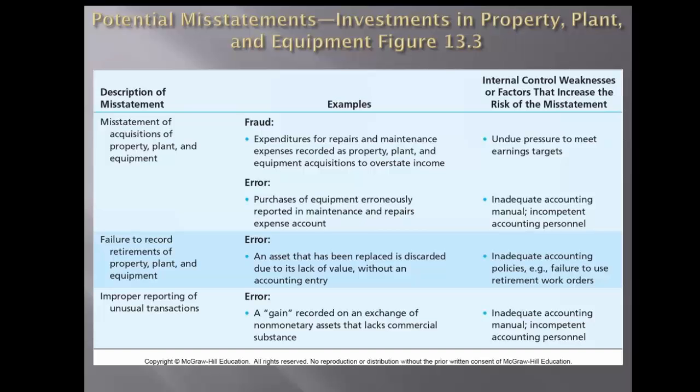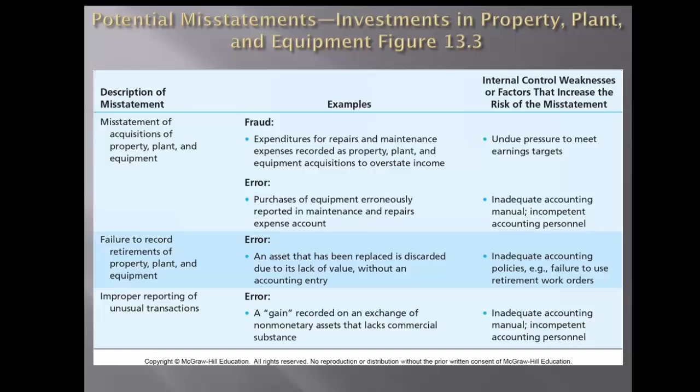One of the control weaknesses is undue pressure to meet earnings targets. There are many examples of organizations that use these types of fraudulent behaviors essentially to manage the earnings and to increase net income by extracting out legitimate repair and maintenance expenses.